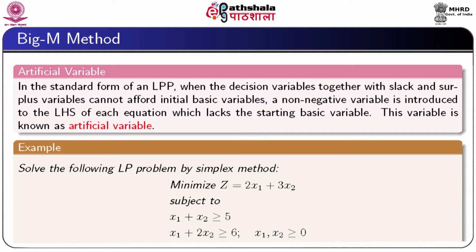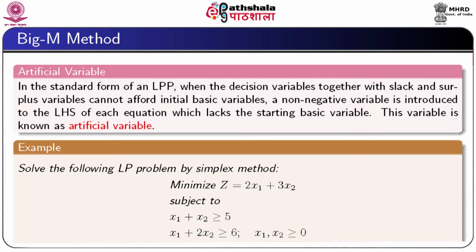This variable is called an artificial variable. So, by introducing artificial variables, we will be able to get an initial basic feasible solution to start with simplex.